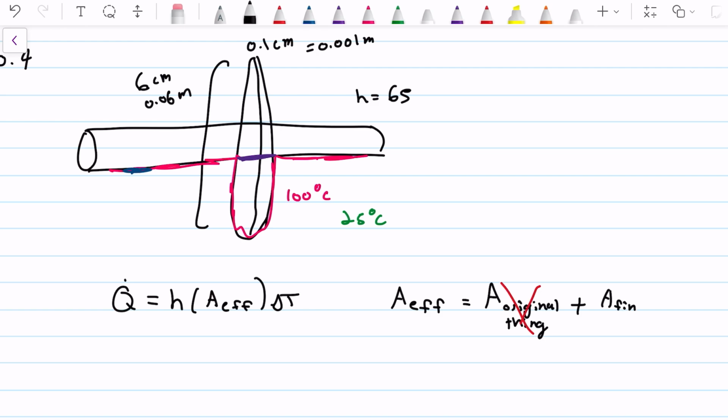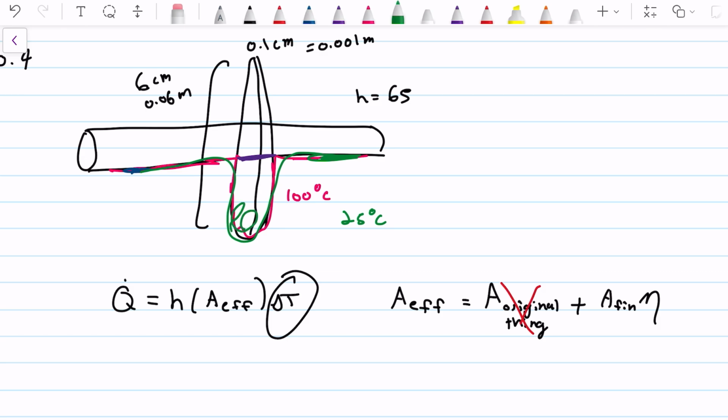Now this might be less effective than losing heat directly from the surface. So I'm going to add in an efficiency, a coefficient to force our solution to be right. When you're doing these calculations, for delta T I'm going to use the temperature at this surface, and we're basically assuming that it's constant all throughout, which is not actually the case.